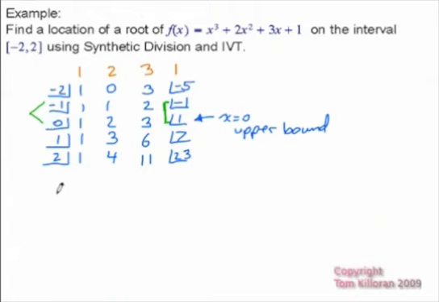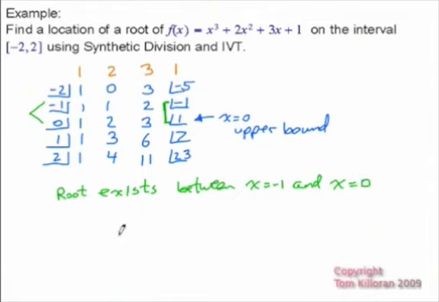So a root or a 0 exists between x equals -1, oops, and x equals 0. Now we could estimate maybe like -0.5, go through the synthetic division, see if the answer is positive or negative, and kind of get it closer to one of these two values.